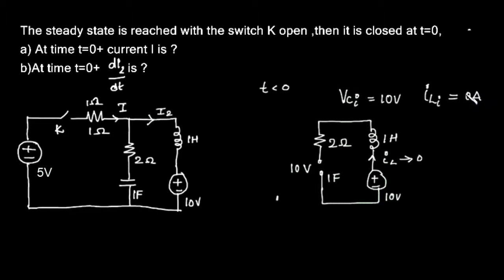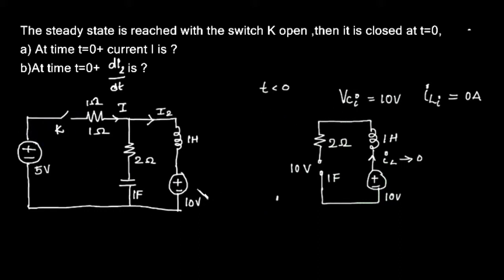Capacitor voltage and the inductor current cannot change abruptly. So this is the condition of the capacitor and inductor at t equal to 0 minus. Once the switch is closed at t equal to 0, it should remain the same for t equal to 0 plus also, because it cannot change abruptly. Now taking those conditions into mind, we can redraw the equivalent circuit.